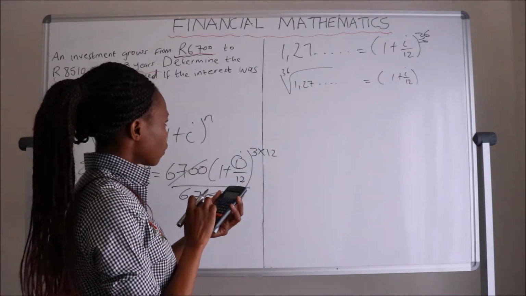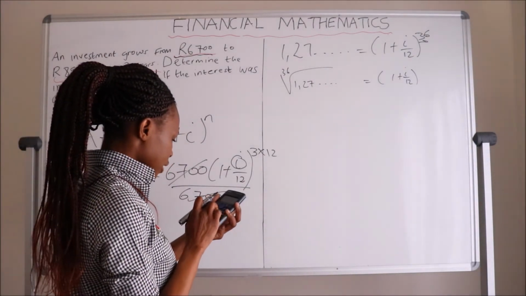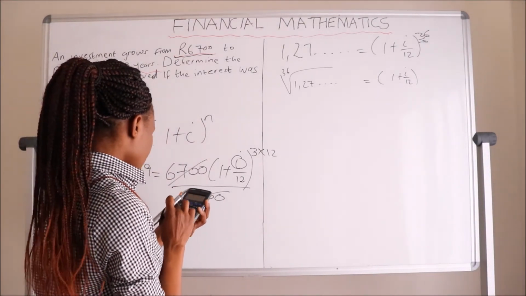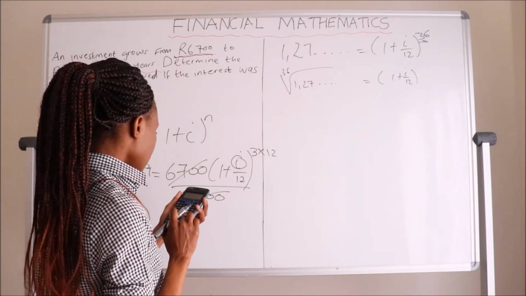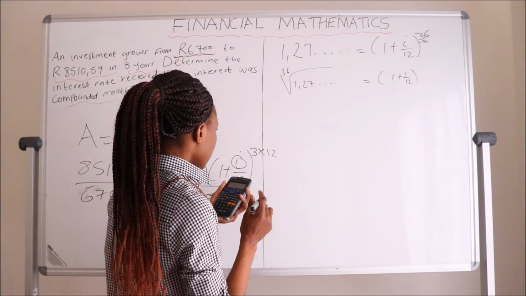Then here we are going to have 36 divided by that.